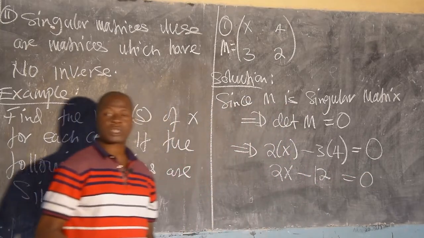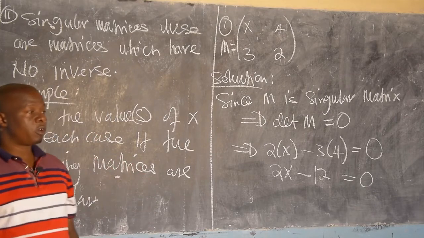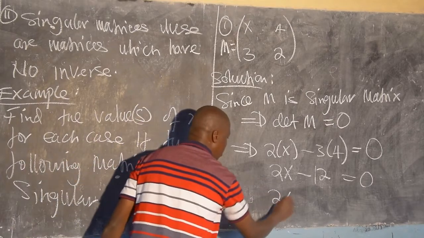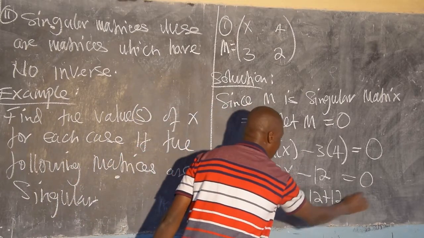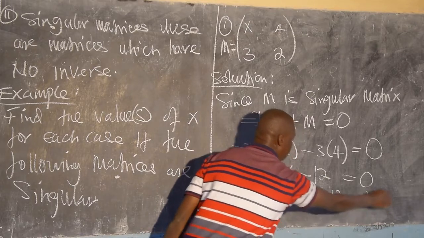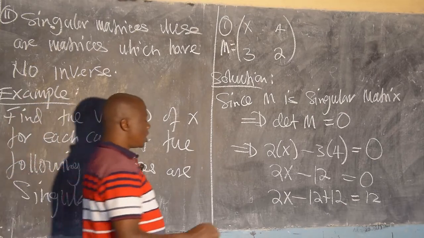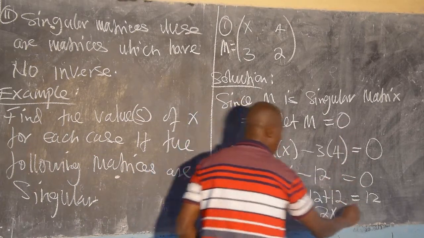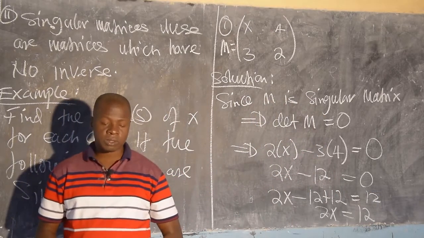What was the question? They want us to find the value or values of x. For such case, we add the 12 on either sides. This means that 2x equal to 12. We are supposed to find the x.